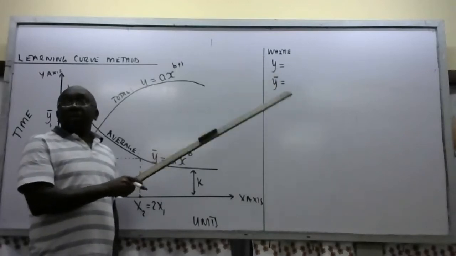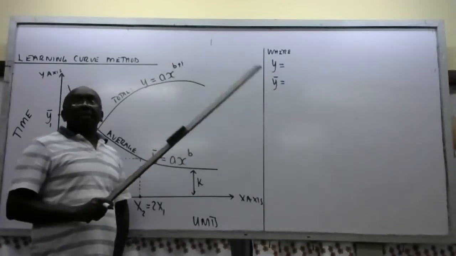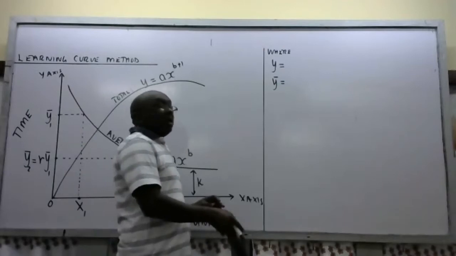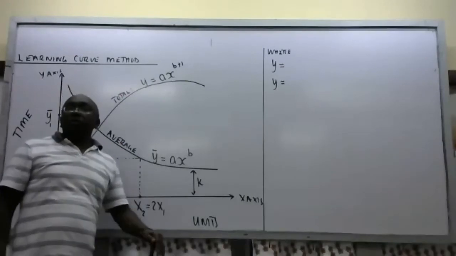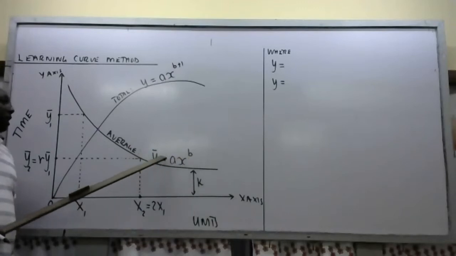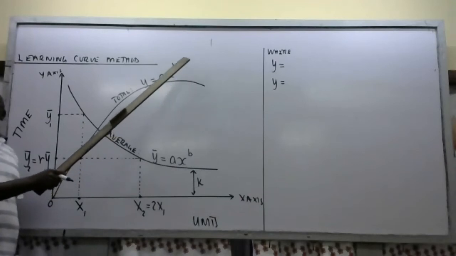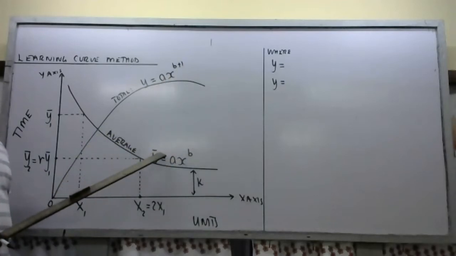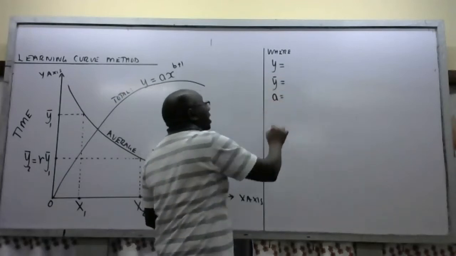The one with the bar is the one talking of average. The other one is the total. But the bar is not the differentiating character. There are times you will get both written like that. How you know which is which is by looking at the formula. The y bar has just b, but the total has b plus 1. So what makes it total or average is the power. Sometimes you will not get the bar.